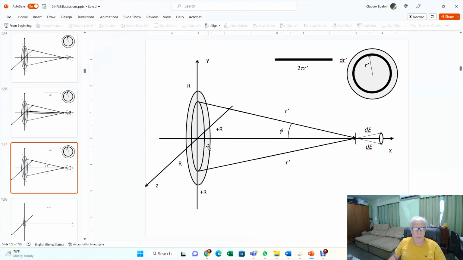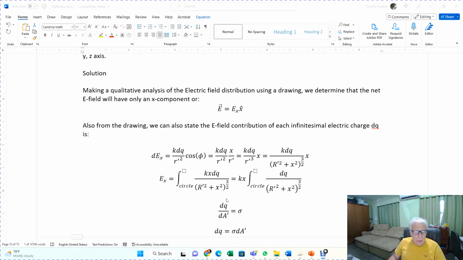Oh, by the way, it's not big R squared, sorry. Big R is the radius of the disk. It's lowercase r prime squared, because we're dealing now with the radius of the ring, and this r prime is going to be variable.